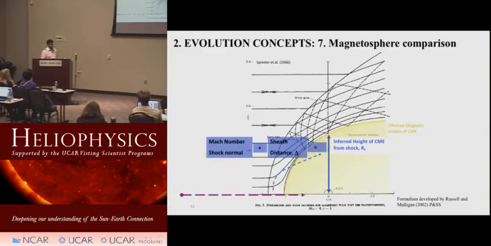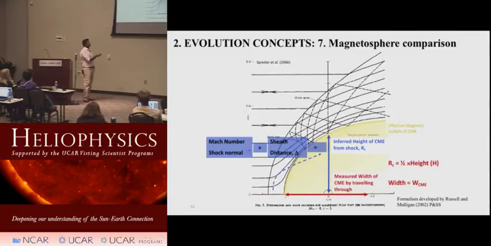At a later point in time, the spacecraft is physically going to go through the CME, so you measure the amount of time you're inside the CME. With that time and the velocity, you get the distance, so you measure the size of the CME in this way.